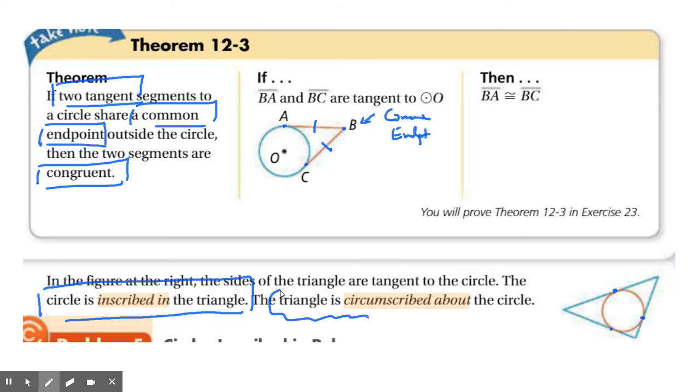We could also say that the triangle is circumscribed about the circle because all three sides of that triangle are tangent to the circle. So be aware of that. We can also do it the other way. We could have that circle circumscribing the triangle as well. But we'll stick with that idea first.